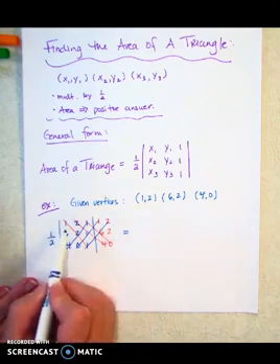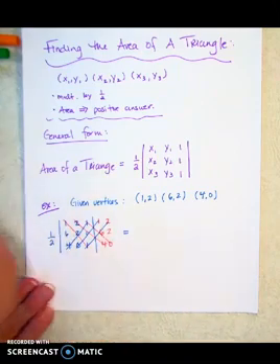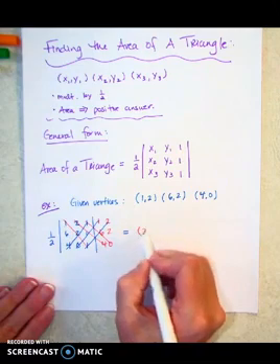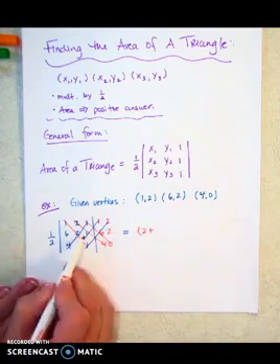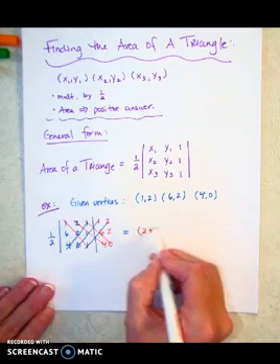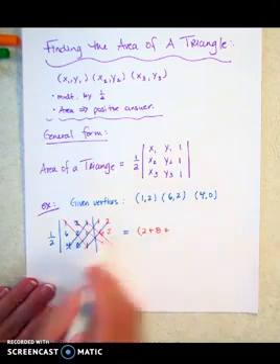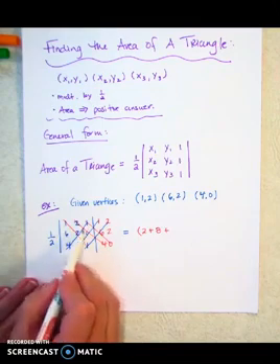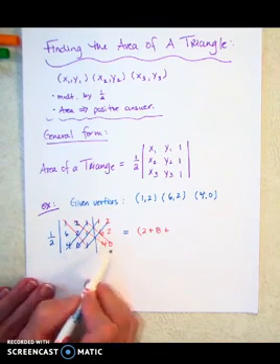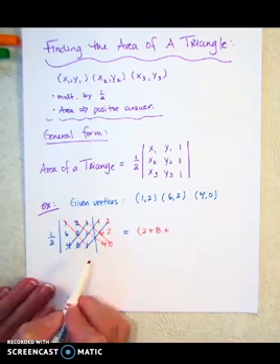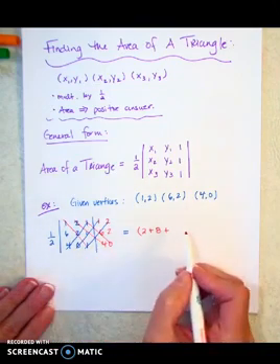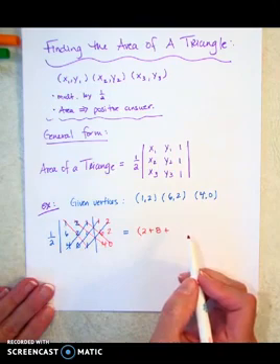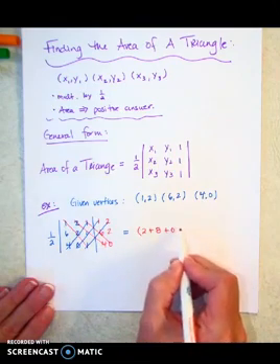All right, so 1 times 2 times 1 is 2. 2 times 1 times 4 is 8. And 1 times 6 times 0 is 0.